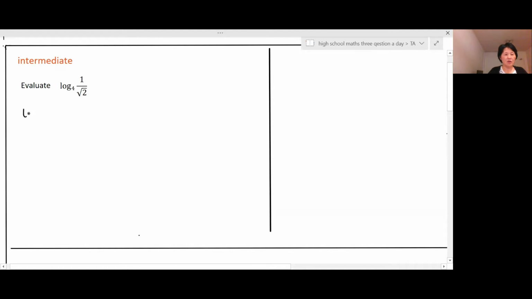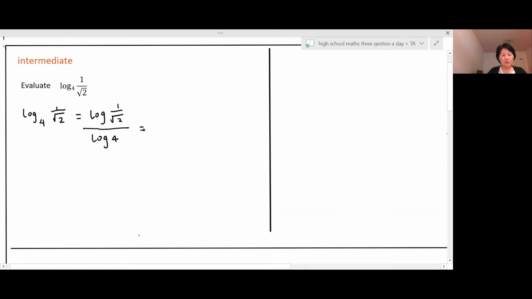First question is log base 4 of 1 on root 2, which equals log of 1 on root 2 over log 4.